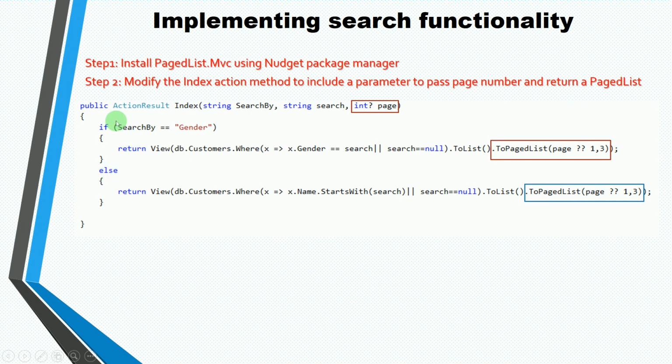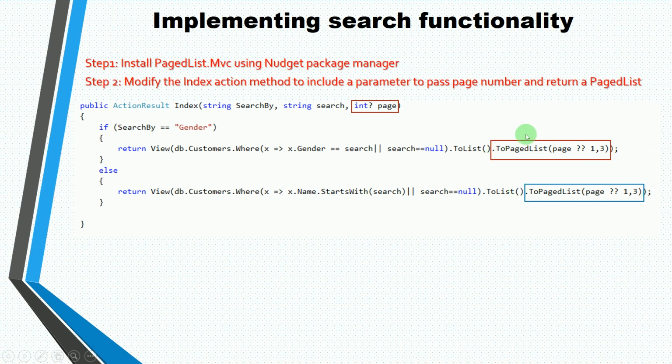The second step is to modify the index action method to include a parameter to pass the page number and return a PagedList. So I will pass this nullable integer page parameter and add it to the ToPagedList functionality. ToPagedList contains this nullable variable page.